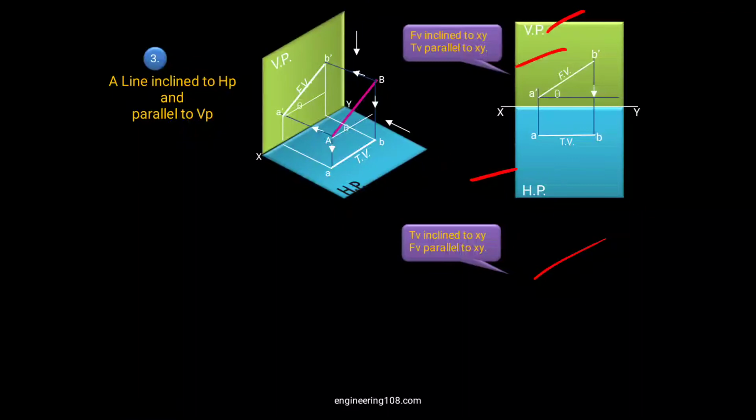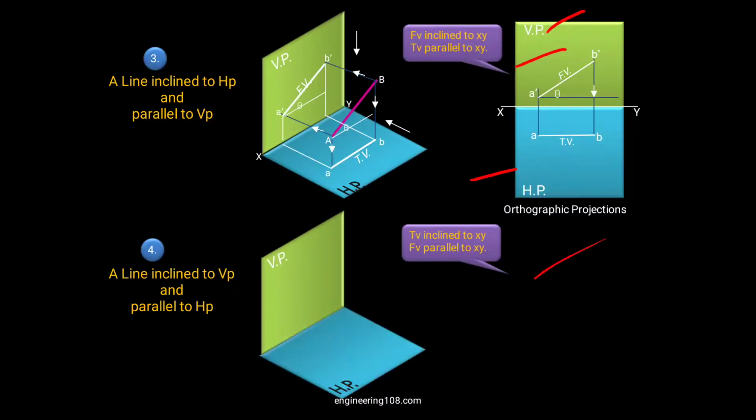Now we will observe the second case, this is the orthographic projection pattern. Now fourth, line inclined to VP and parallel to HP. This is VP, this is HP. This is some angle with respect to VP and it is parallel to HP. The red color is the object here, inclined to VP and parallel to HP.